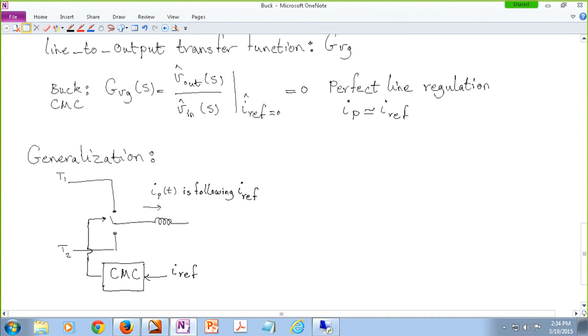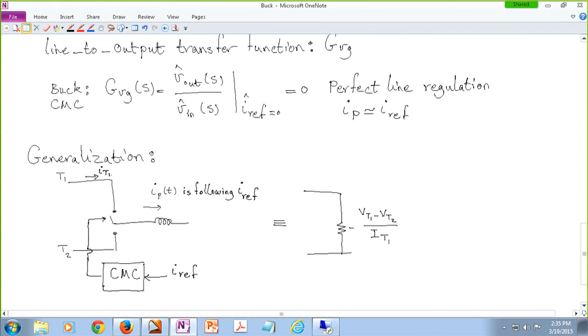Okay, so this is equal to, in terms of a small signal, okay, so in the buck model, we had negative Vn over I1.